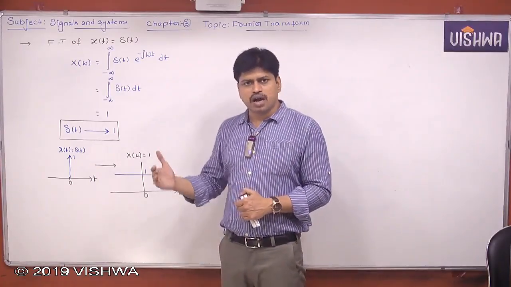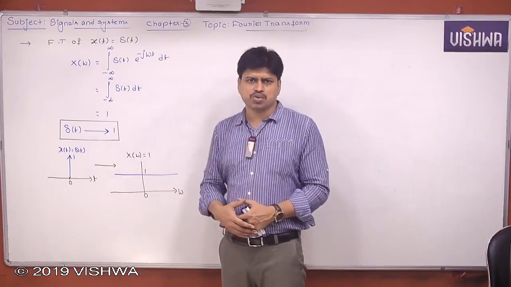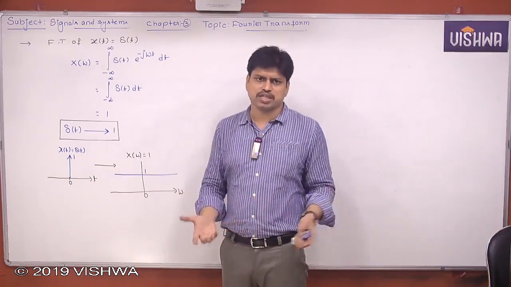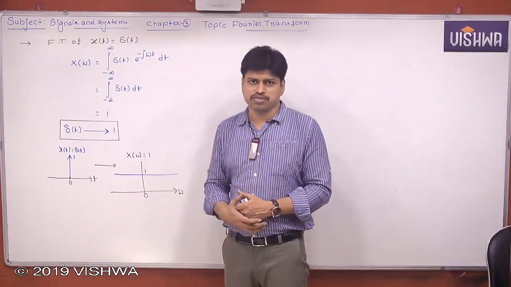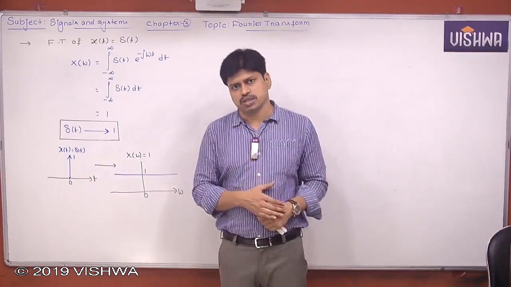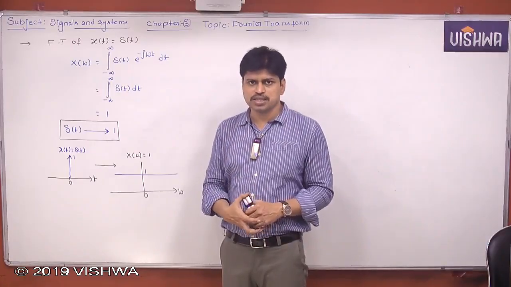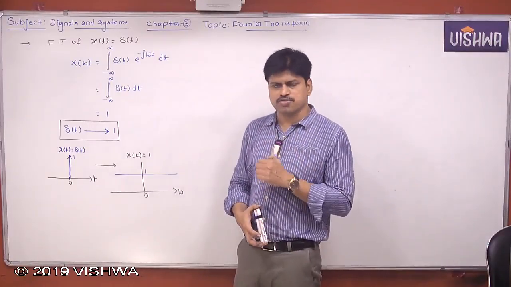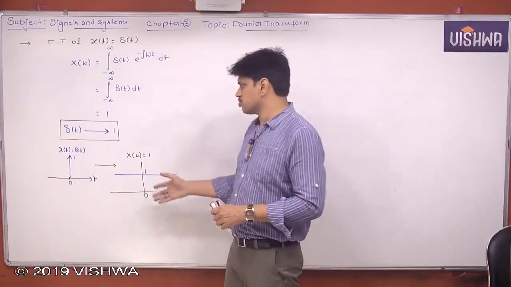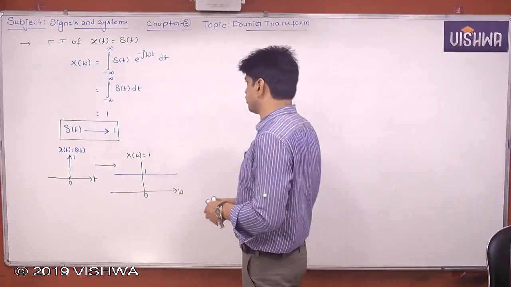Any given signal may not have all the frequencies, it may have only a limited number of them, so you can easily find out the response. That's why the impulse response is very important, because it contains every frequency from 0 to infinity.